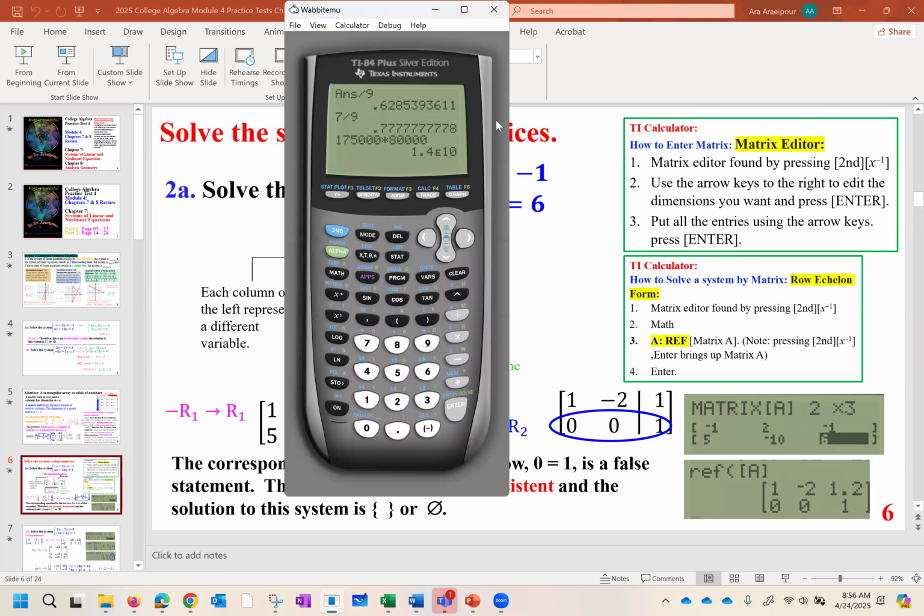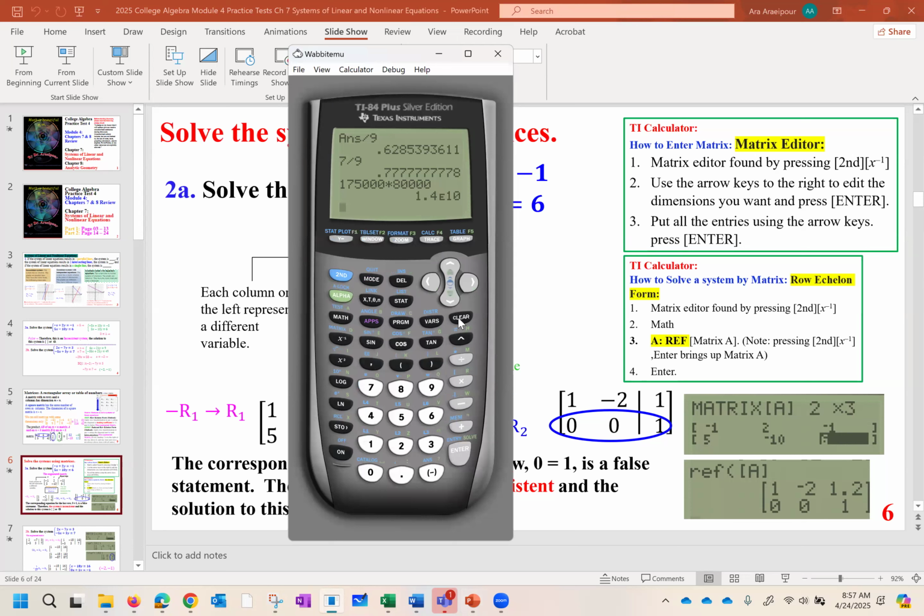Here's the calculator. Graphing calculator. You may be able to read the matrix here in blue. Second matrix. We go to edit and we make it 2, 5, 3.